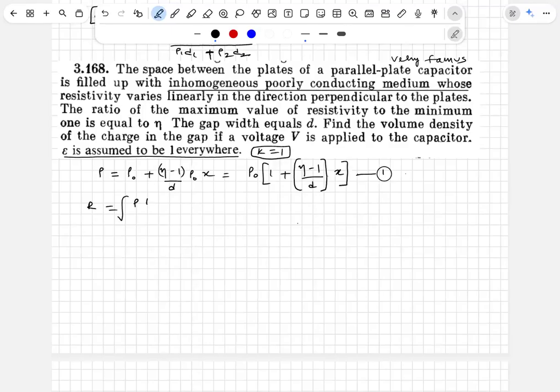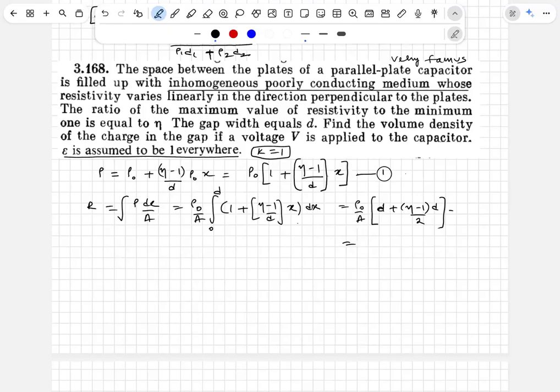Integral rho dx by a, which is rho naught by a times the integral of 1 plus (eta minus 1) by d times x, dx from 0 to d. Now, finally, what is going to be the result? Rho naught by a times d plus (eta minus 1) by 2 d.